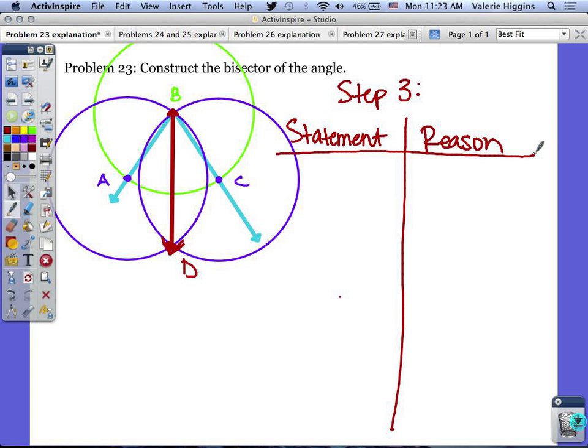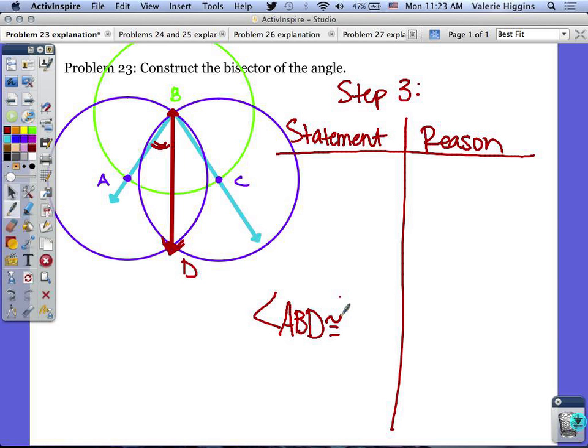Okay? So does anybody remember how our explanation for this went? You drew a circle centered B. Okay, I'm sorry. I want to back up a second. We want to say that ray BD divides angle ABC into 2 congruent angles. So somewhere we want the statement angle ABD, this angle, is congruent to what?